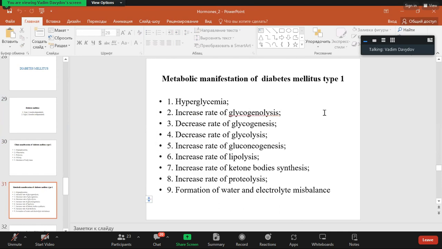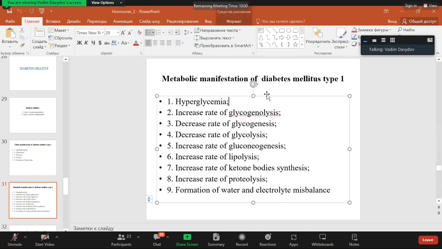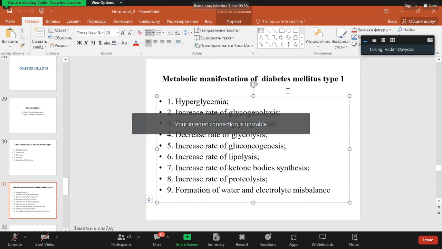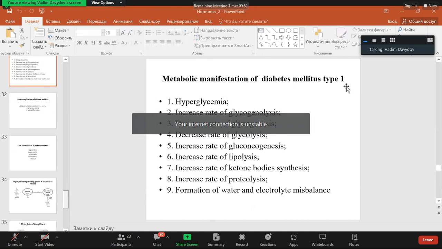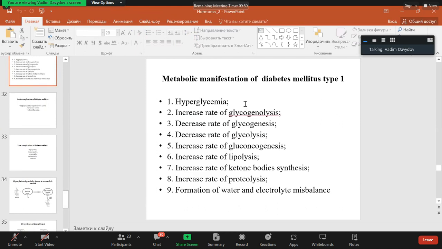Now about changes in metabolism in diabetes mellitus. Let's talk about diabetes mellitus type 1. The hallmark symptom of diabetes mellitus type 1 is hyperglycemia.